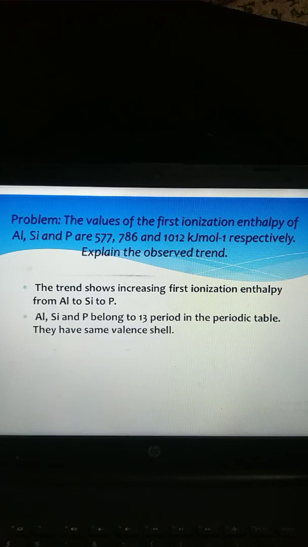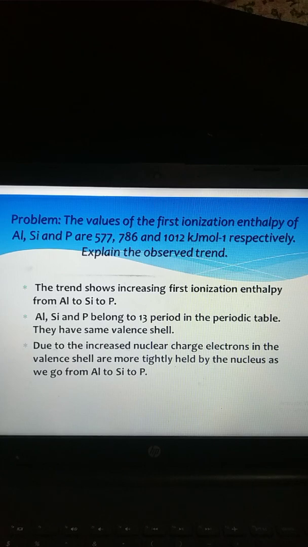It goes on increasing. Aluminium, silicon and phosphorus belong to the third period. Since they belong to the same period, they have the same valence shell. Therefore, due to the increased nuclear charge, the electrons in the valence shell are more tightly held by the nucleus as we go from aluminium to phosphorus.